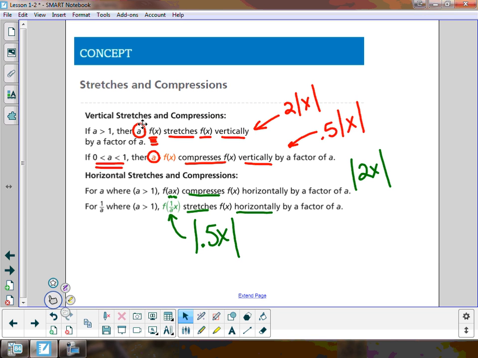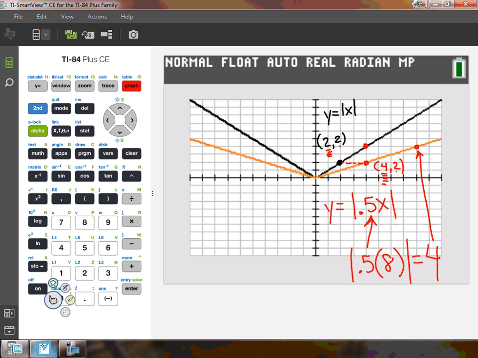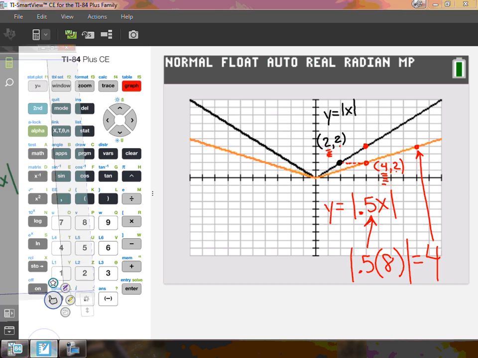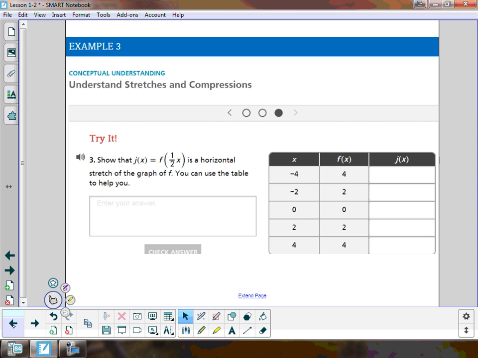So if you want to go back, or sorry, watch this again, just to let it click before you do the try it, that's fine. You can ask questions tomorrow as well, of course. I'll help you go over these. When you try it here, I want you to use f of x equals absolute value of x.